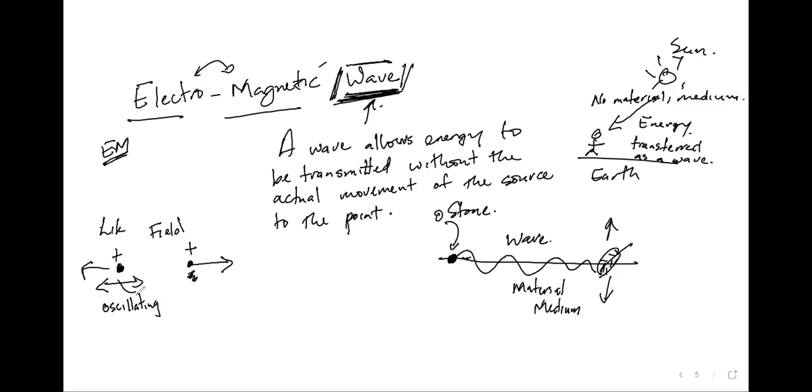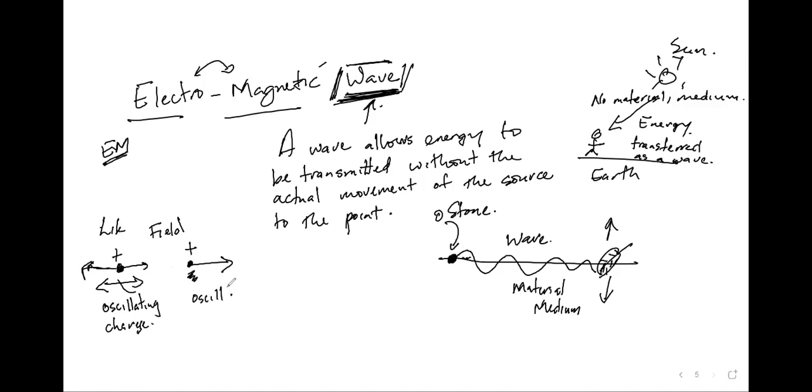You would agree? As the charge moves away, the force is less, and as the charge moves towards, the force is more. So it's going to experience a varying degree of force as the charge moves to and fro. Do we agree with that? Yes, sir.